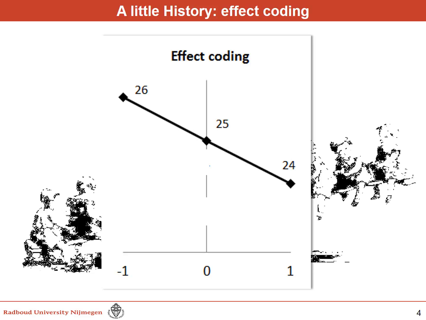If we take 25 as a point of reference, which is the reference point in effect coding, and we compare the lowest educated with this so-called grand mean, then we get 1. If we compare it to the highest educated, we get a -1. So we just split the effect of 2 from the previous slide. We divided it, and we took the grand mean as a point of reference.